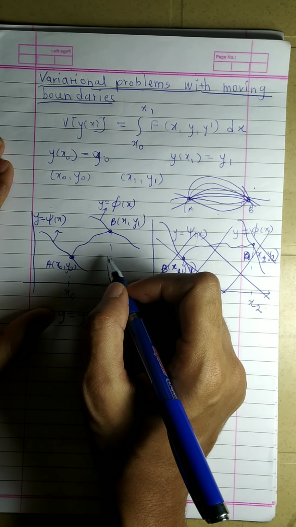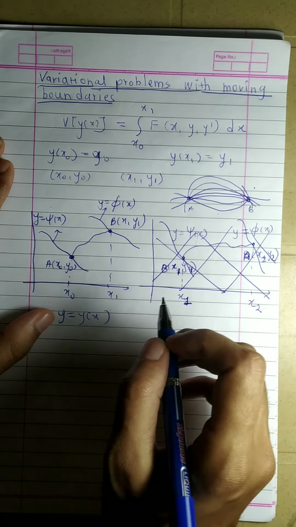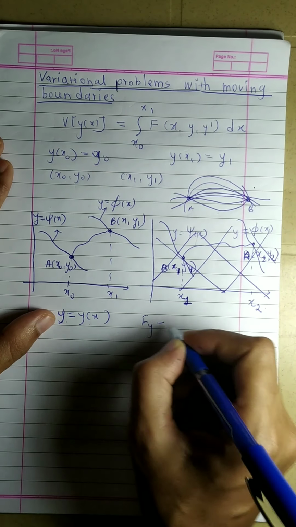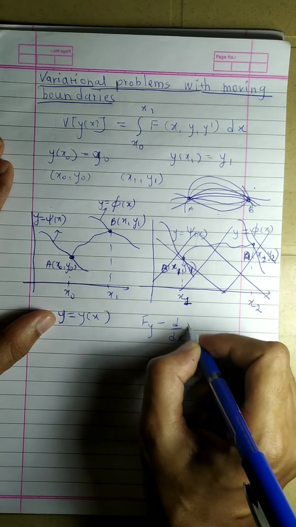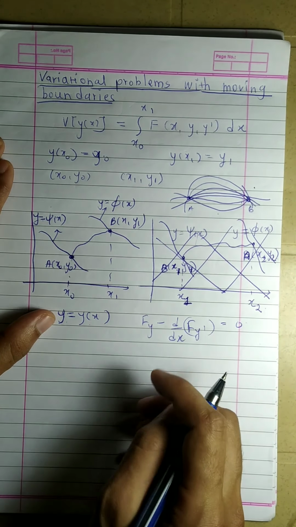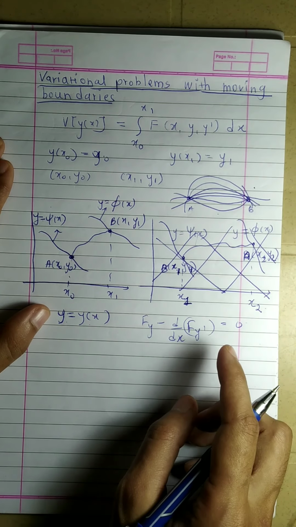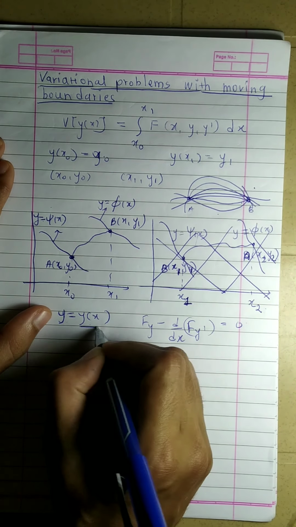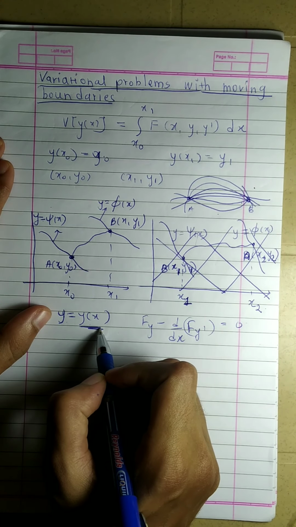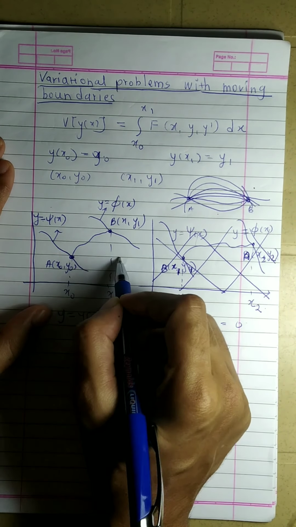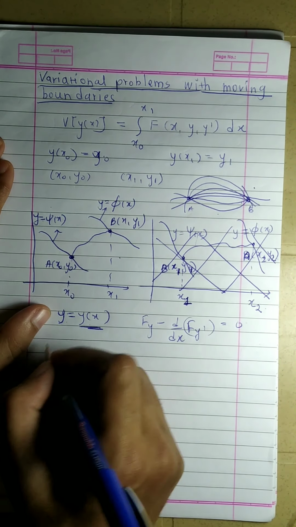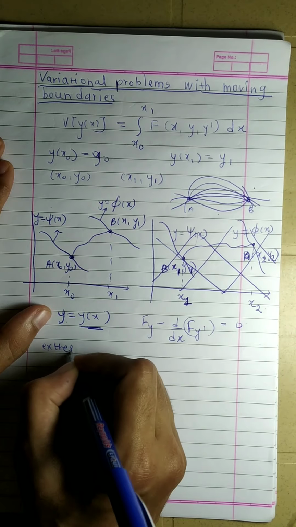So in other words, it must be a solution of the Euler-Lagrange differential equation, which is f_y minus d by dx of f_y' equal to 0. And therefore the curve y equal to y of x on which the extremum is achieved in the moving boundary problem must be an extremal.